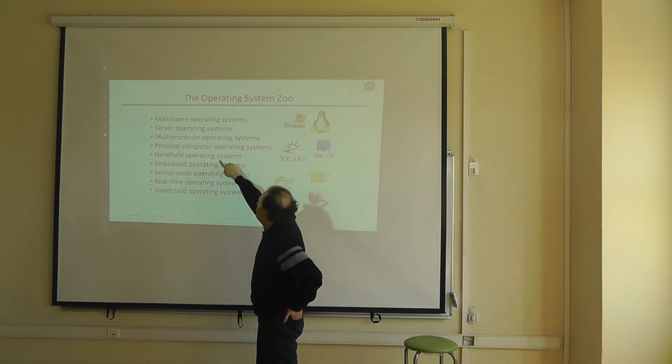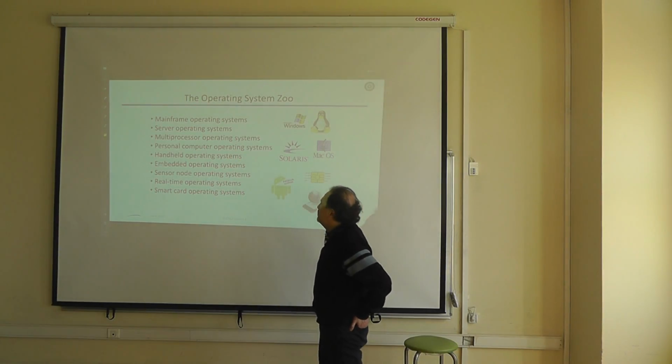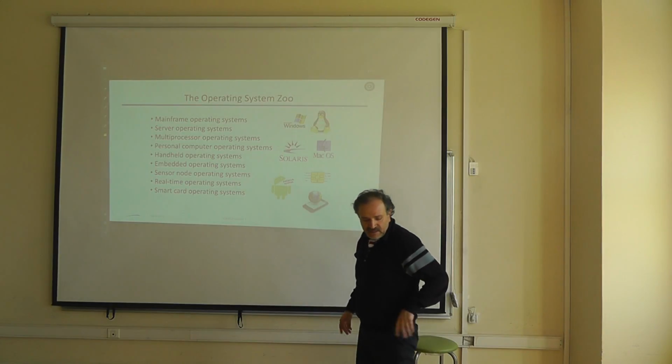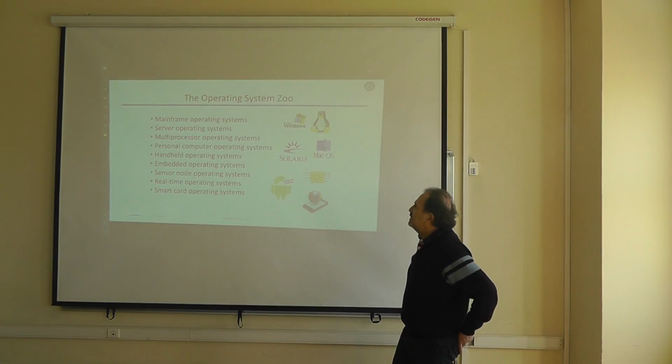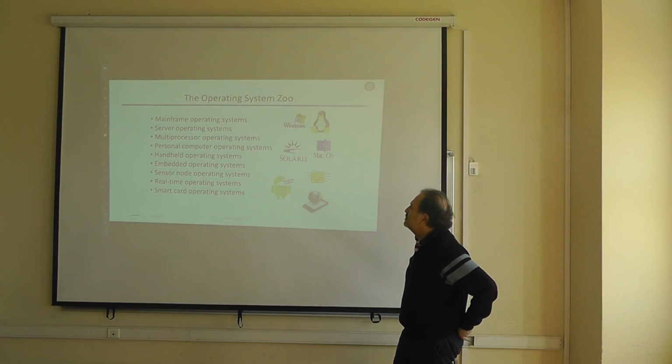Personal operating systems and handheld operating systems too, because handheld computers are personal computers actually. They share many concepts. And mainframe servers and multiprocessor operating systems share many concepts. I cannot draw clear lines between these types of operating systems. They share ideas, they share parts.